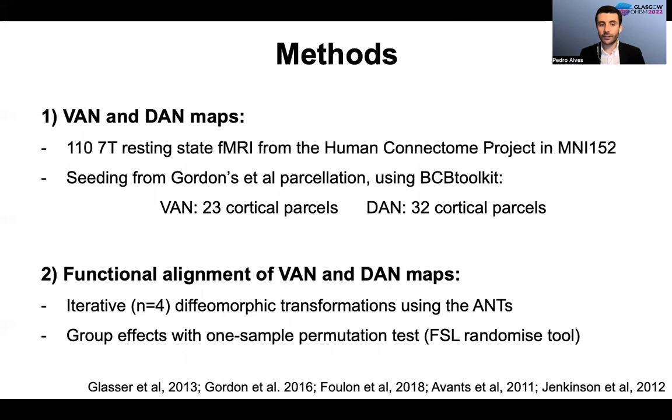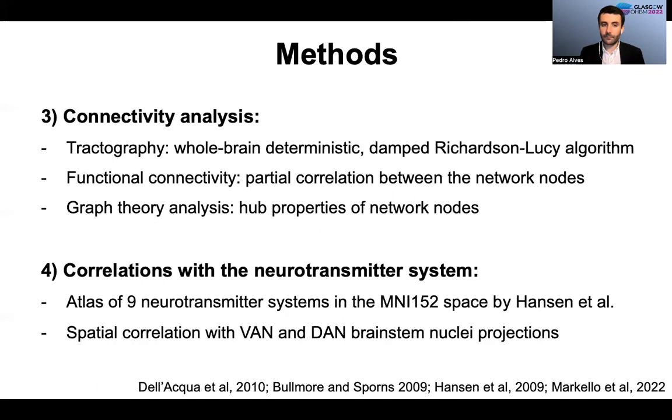The seeding was performed from the Gordon et al. parcellation of cortex, in which one network is composed of 23 cortical parcels and the other by 32 cortical parcels. Then we performed the functional alignment of these maps with an iterative diffeomorphic transformation with ANTs. Group effects were analyzed with a one sample permutation test.